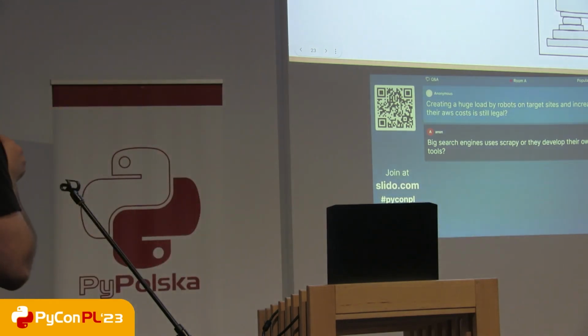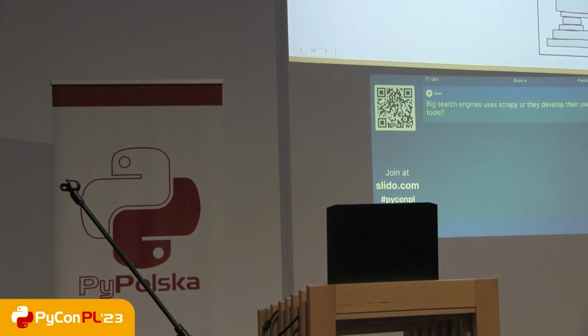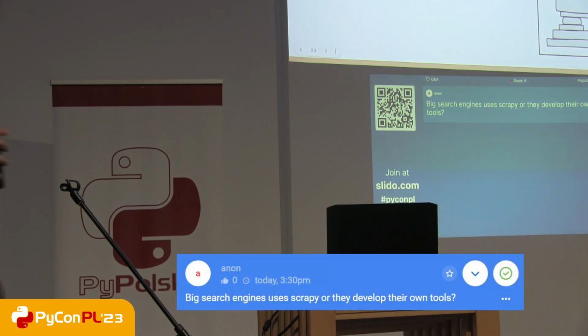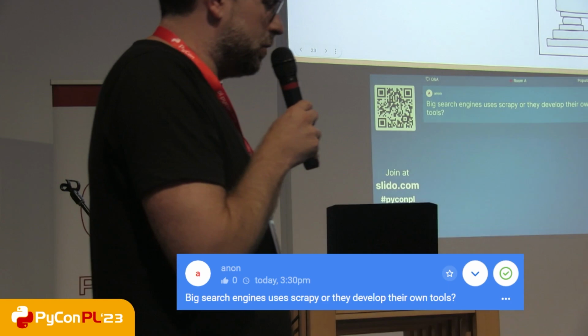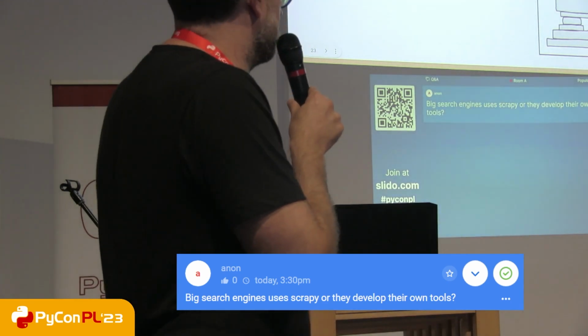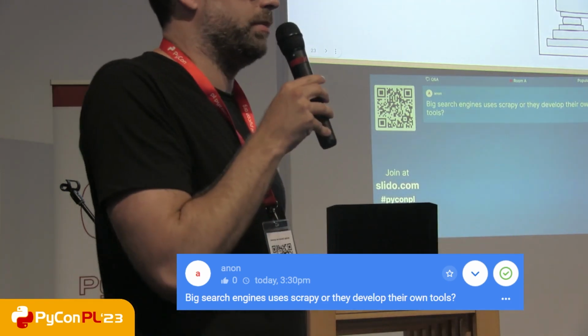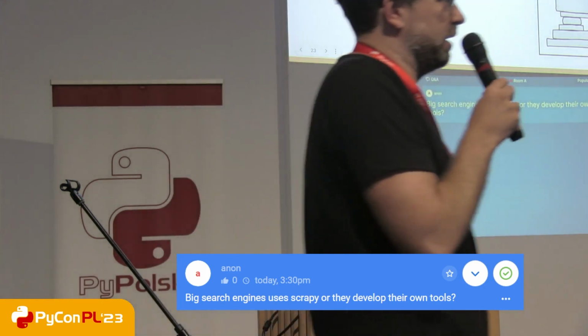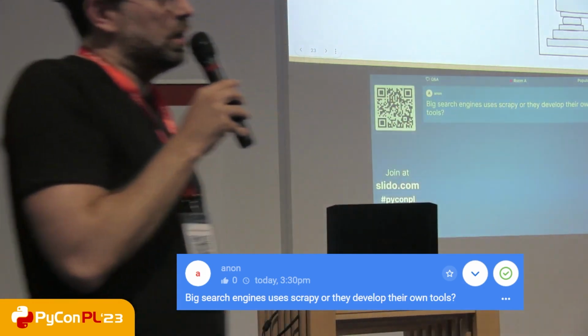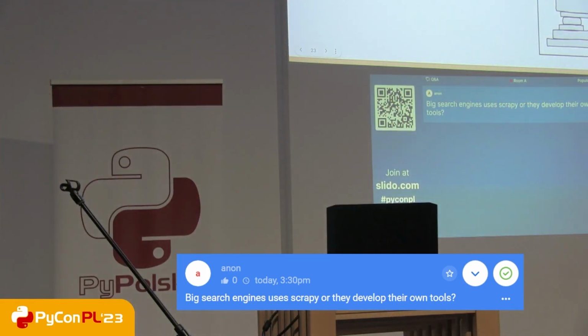Okay. And the last question: do big search engines use Scrapy, or do they develop their own tools? Well, it's actually a good question. I don't really know what they use, but I suspect they probably develop their own tools. I actually never thought about this. Maybe someone else knows what Google or Bing use.